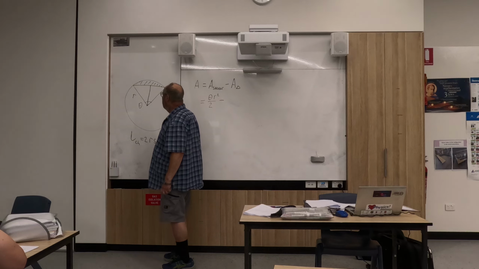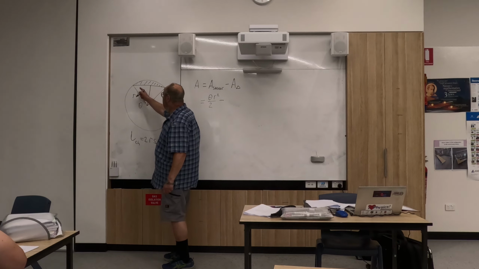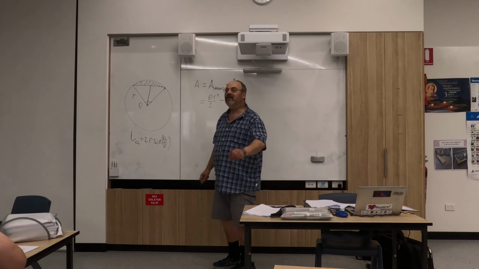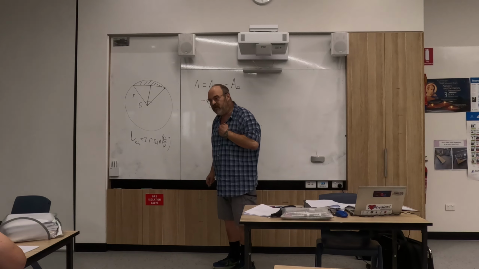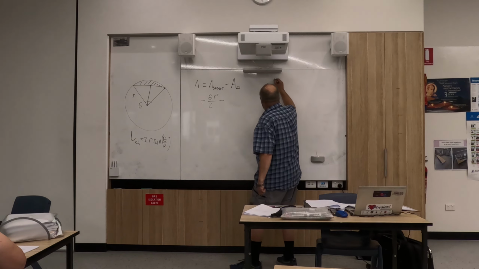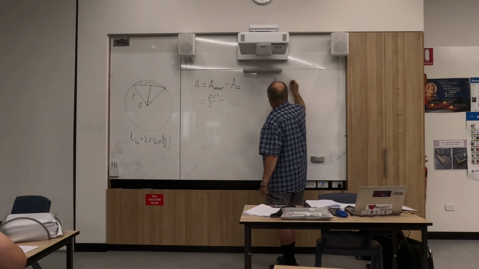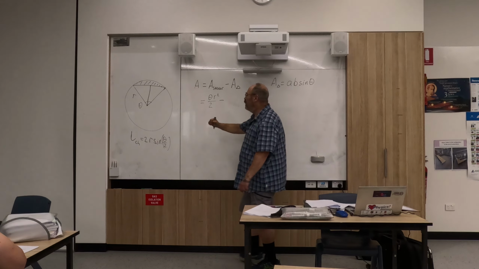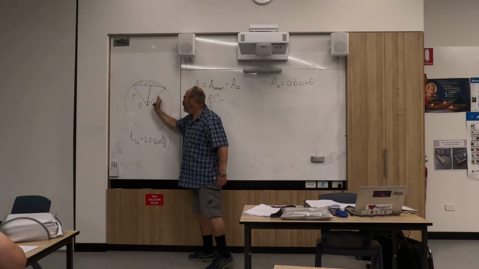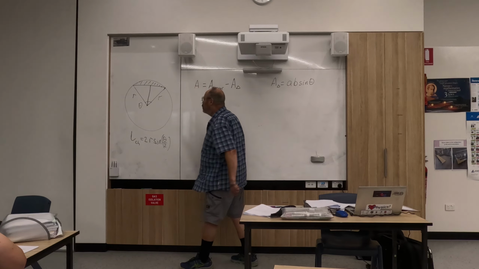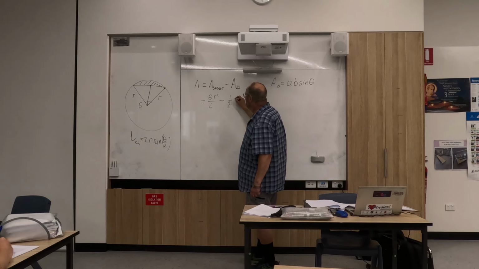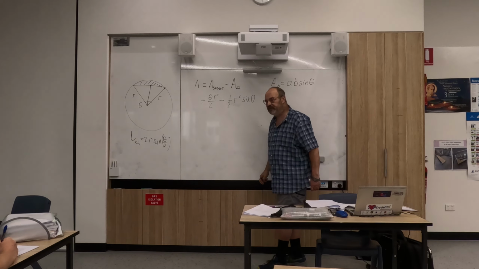Base times height. Or better, use another formula that we have learned: the area of the triangle equals 1/2 AB sine of the angle between them, because we know A and B. So the area of the triangle will be 1/2 r squared sine theta.